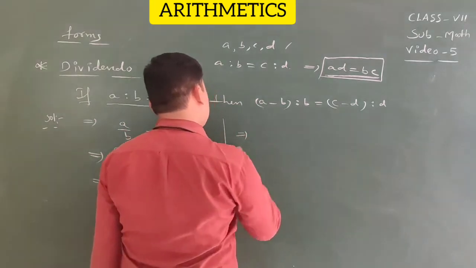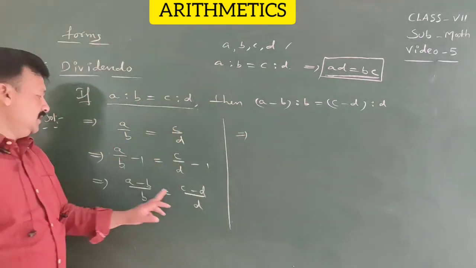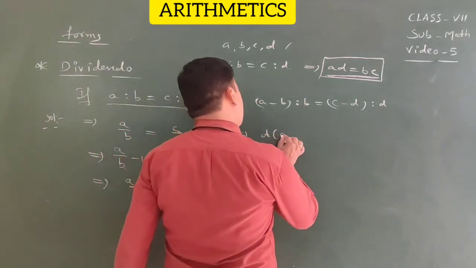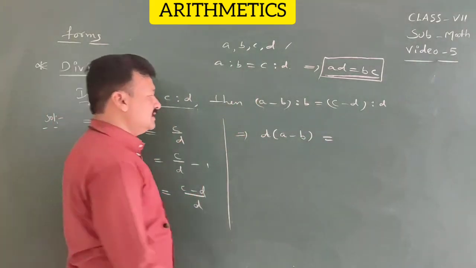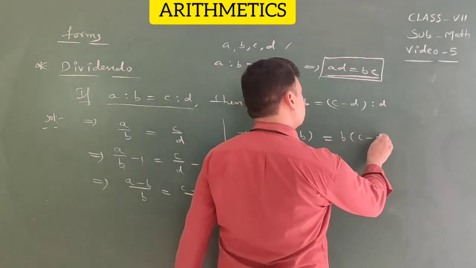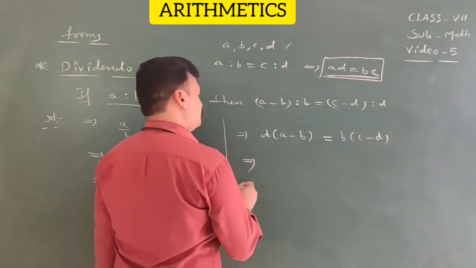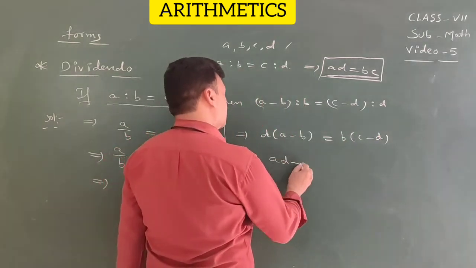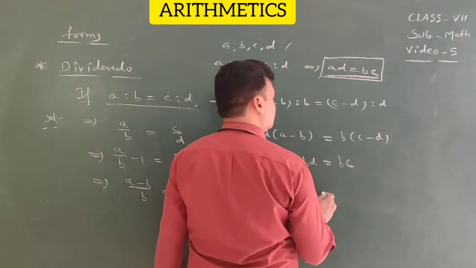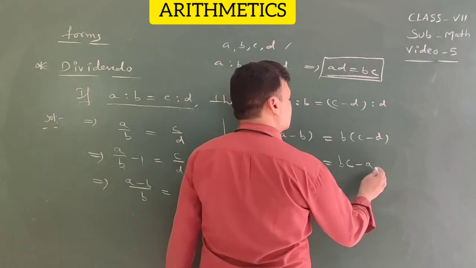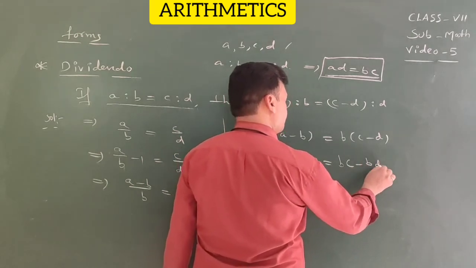Now cross multiply. D into A minus B equal to B into C minus D. Here AD minus BD equal to BC minus BD.